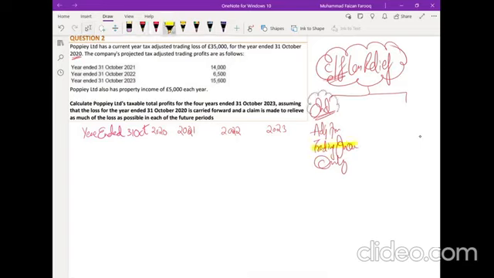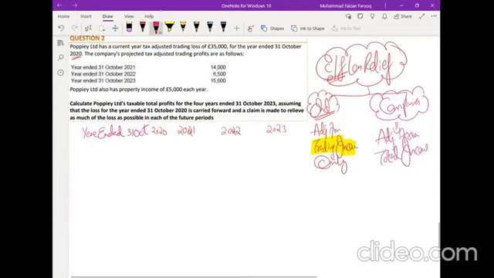But now we are dealing with companies, so it's a bit different. The difference is it will be adjusted from total income, not from trading income.